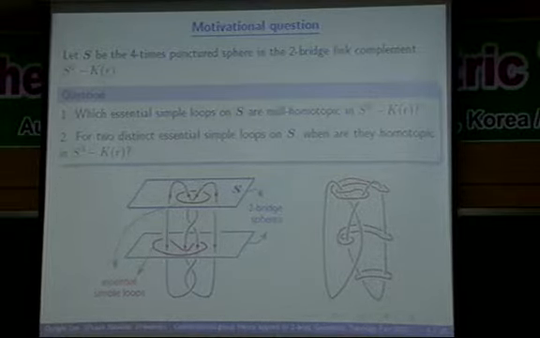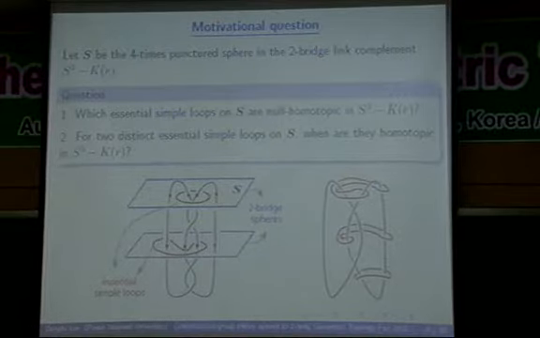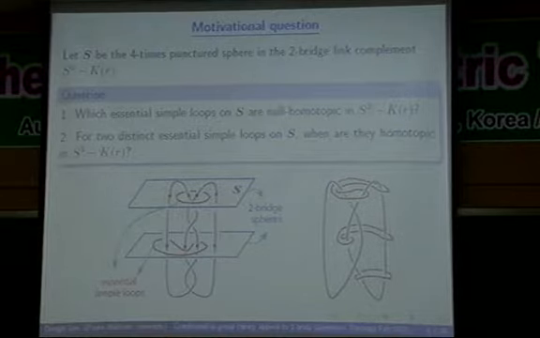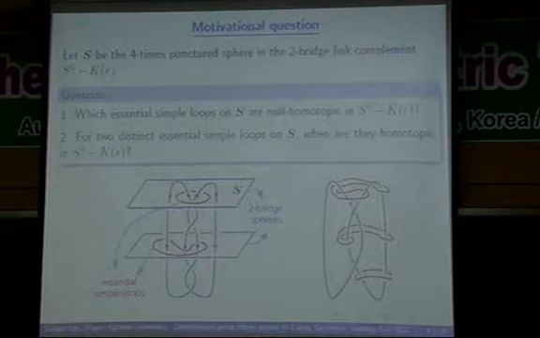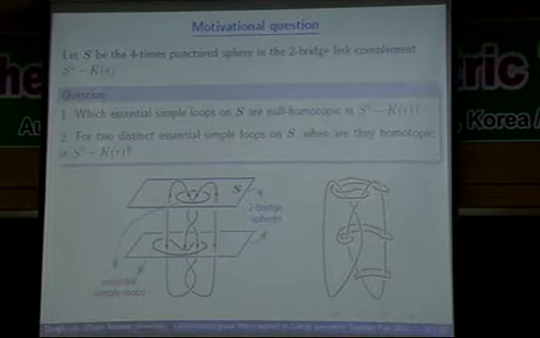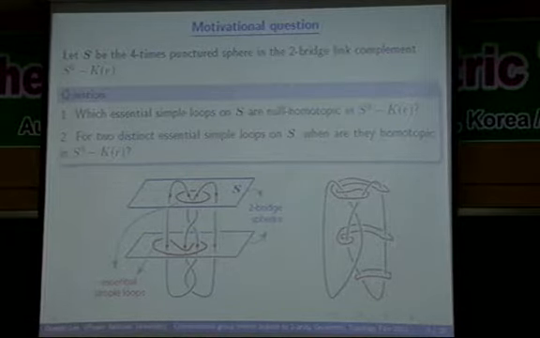Then the following question naturally arises. Question 1: Which essential simple loops on this two-bridge sphere are null-homotopic in the link complement? And question 2: For two distinct essential simple loops on this two-bridge sphere, when are they homotopic in this two-bridge link complement? This right picture shows that this essential simple loop is not null-homotopic in this link complement.